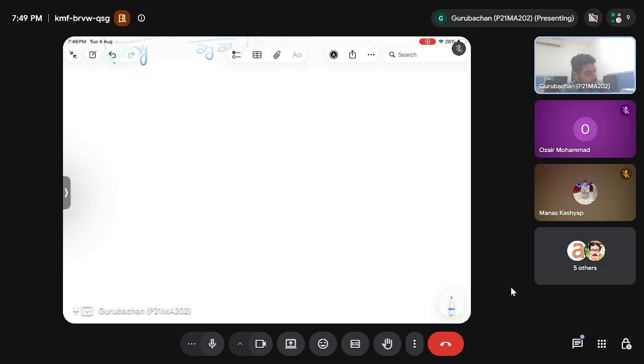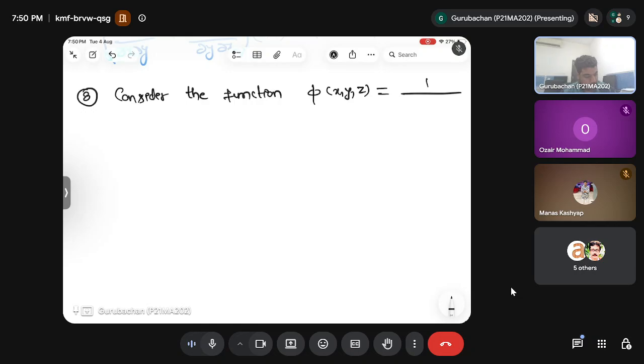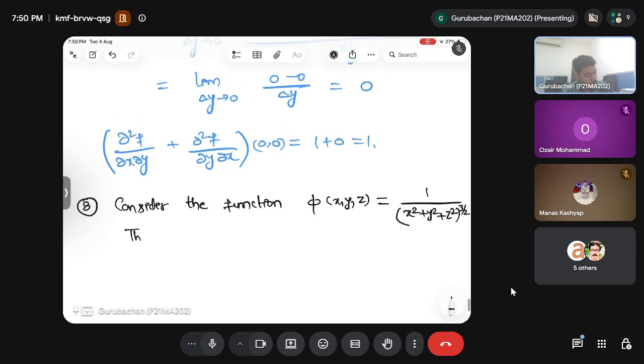So question number 8 is: consider the function phi equal to 1 by x square plus y square plus z square to the power 3 by 2, then find the value of del 2 phi by del x square plus del 2 phi by del y square plus del 2 phi by del z square. Tell me.